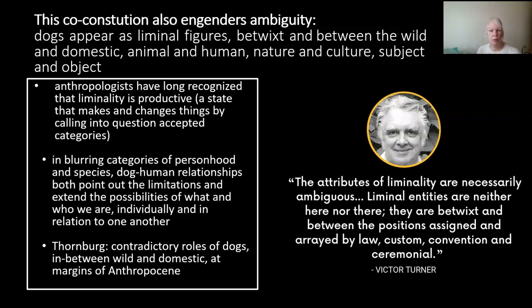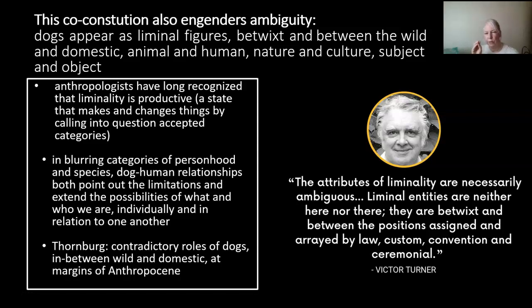So anthropologists have long recognized, again, owing to anthropologists like Victor Turner, that liminality is a powerful state and also a productive state, right? In other words, it changes things in the world. It makes things happen. So that liminality then is also about the potency of the dog-human relationship and the dog in human society, right?